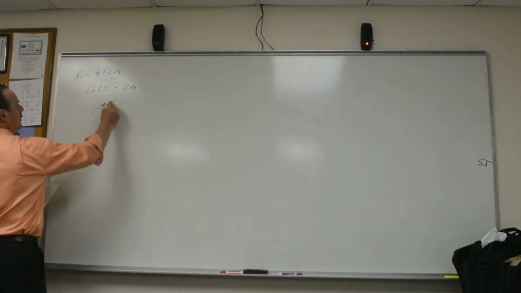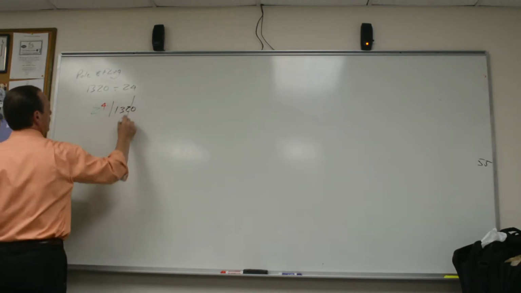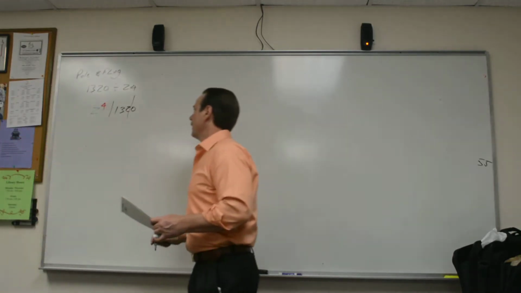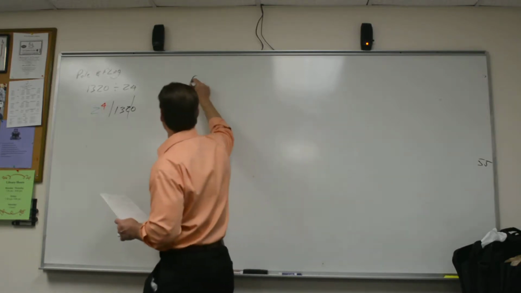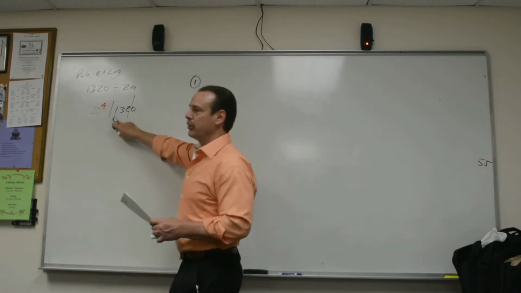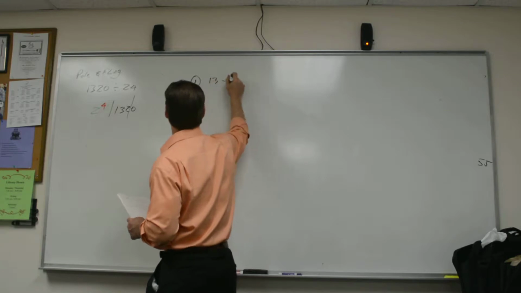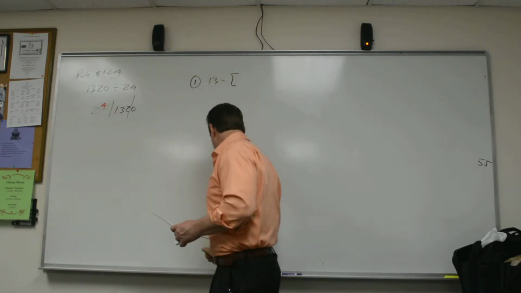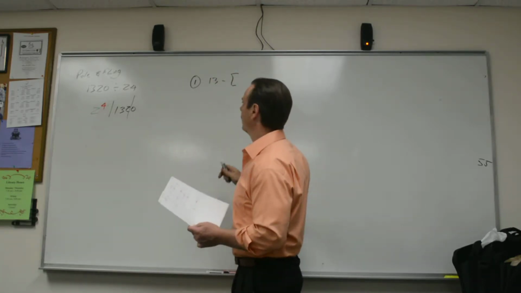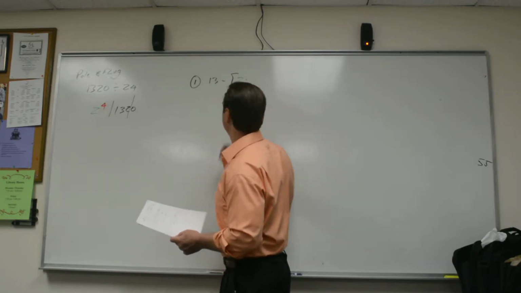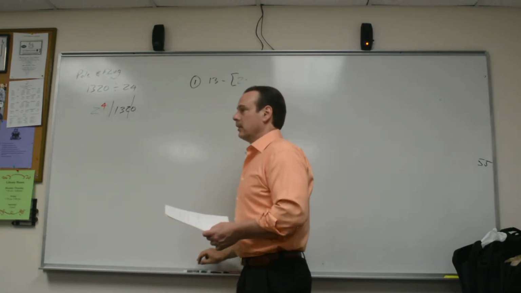All right, now there's our decimal line. What do we do for 1? 2 doesn't go into 1, 2 has to go into 13, so it's 13 minus. We need our pole. 2 times 6. Yeah, 2 times 6. 6 is good.